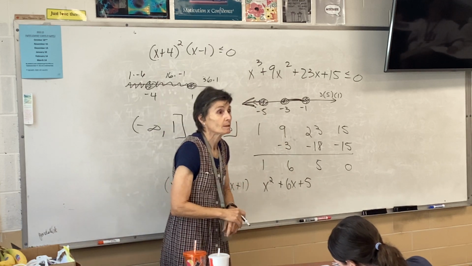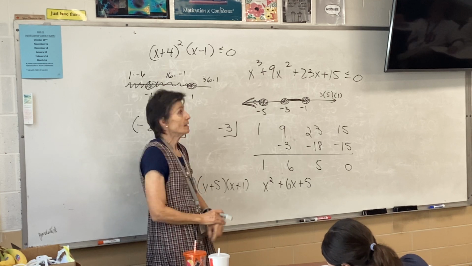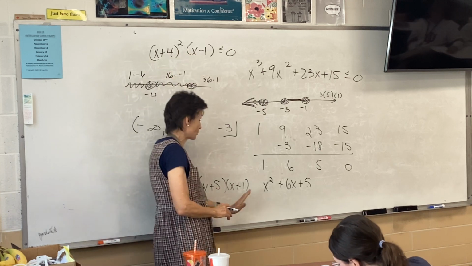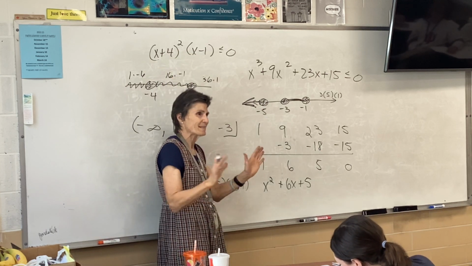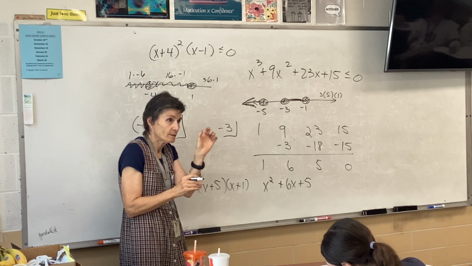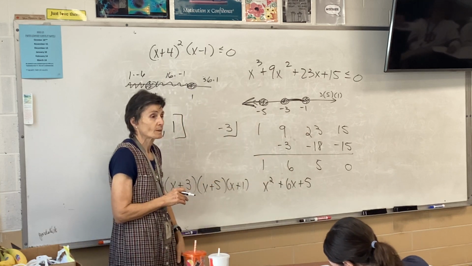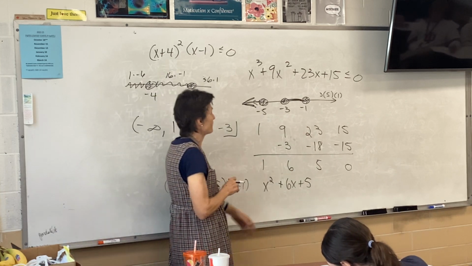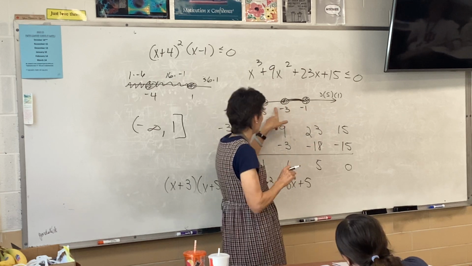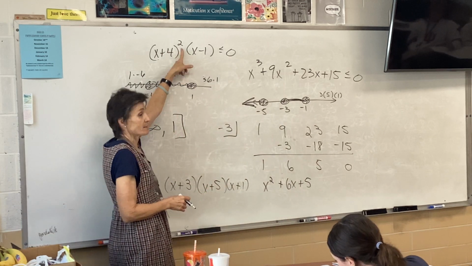The shading will always alternate unless you have something like a square in the problem. As long as your factors are just regular, once you determine if one section is shaded, then you can just alternate to get all the rest of it. Or, your alternative is to pick one number in each section and check it. You just don't have to do that unless there's a square.